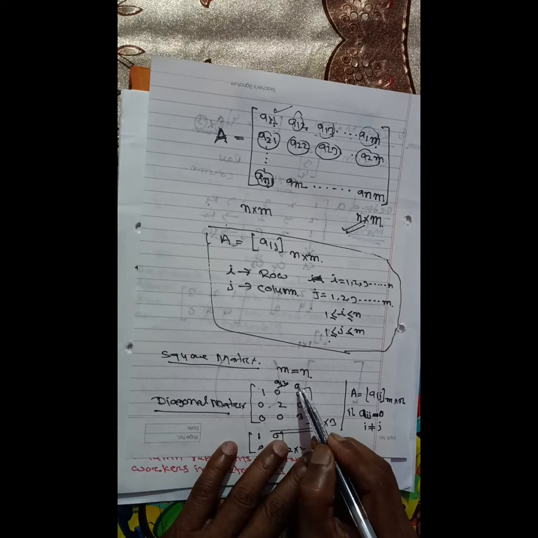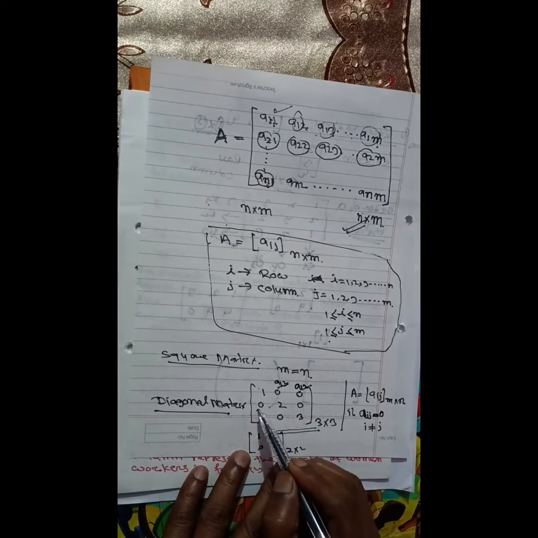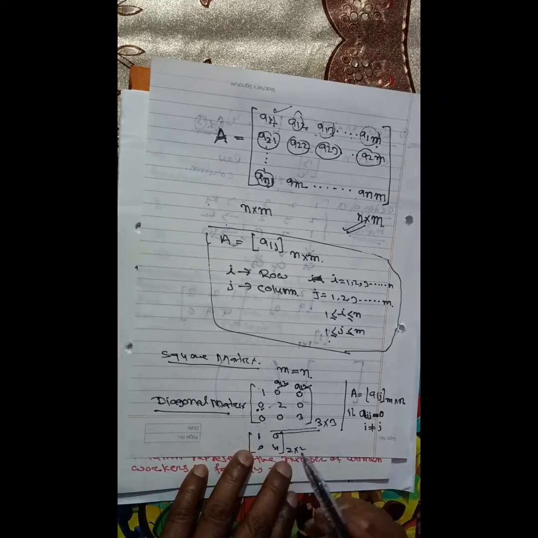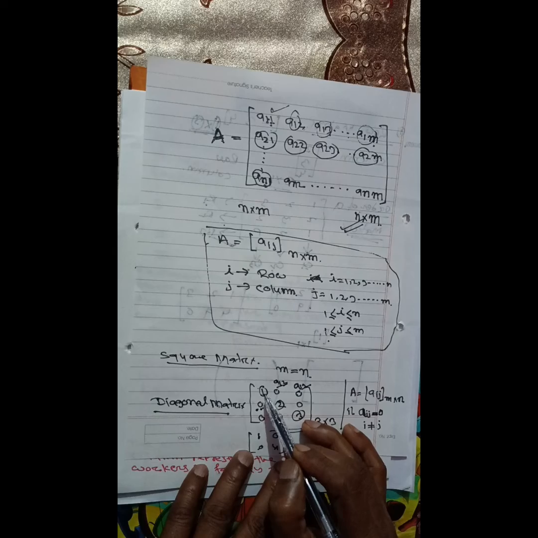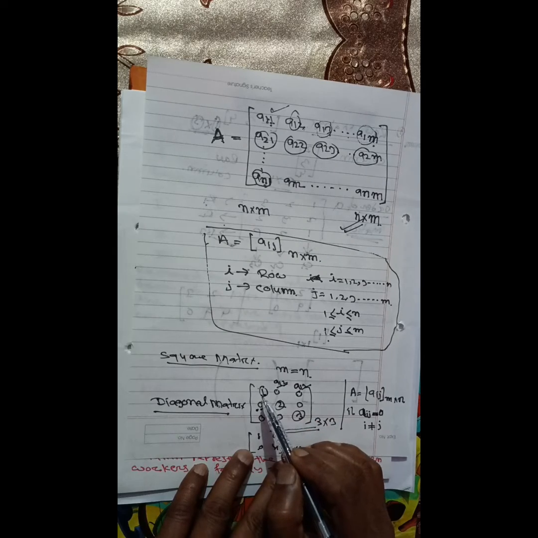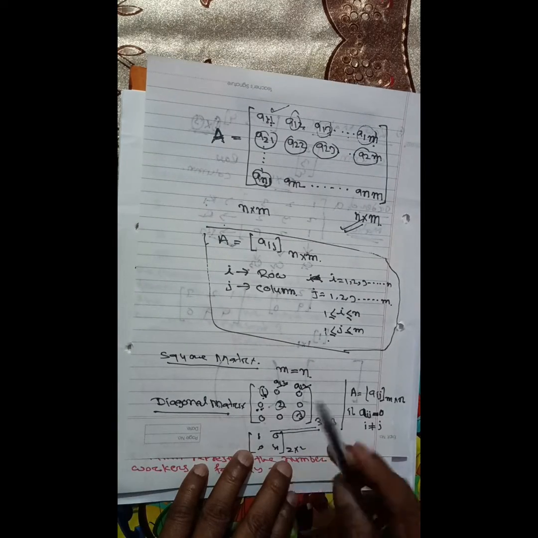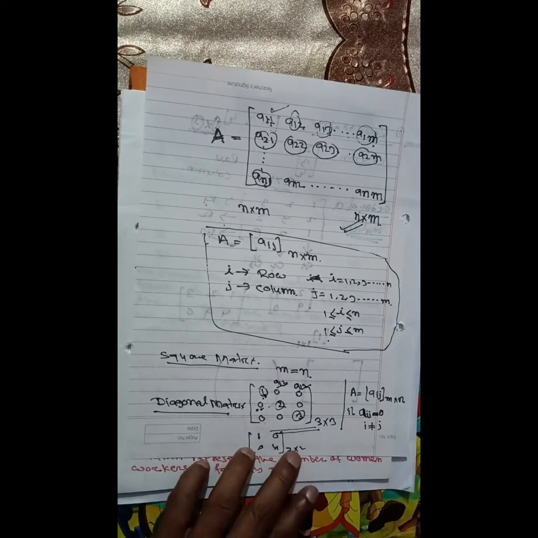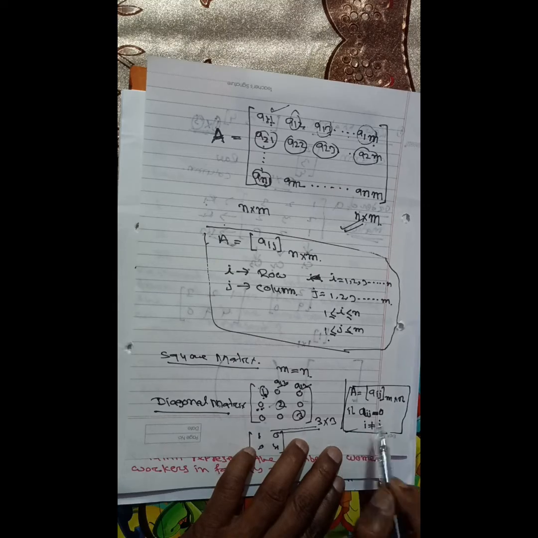This element is A13, i is not equal to j. Here also it is A21, i is not equal to j. But in the other cases, here this and this and this, say A11, that means i equals j. So this is the non-zero element, others are zero elements. The main concept of the diagonal matrix is this.